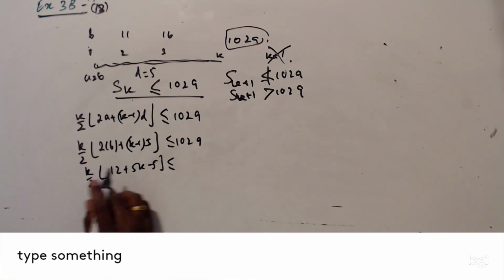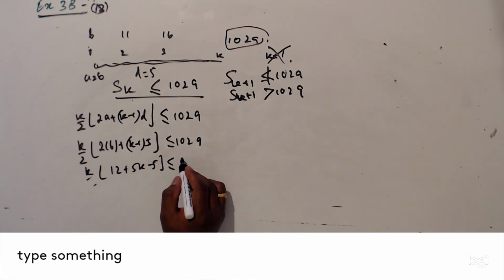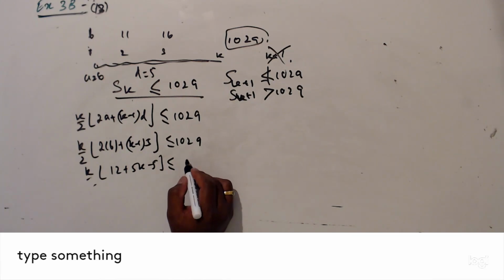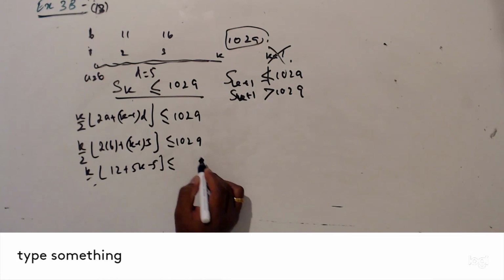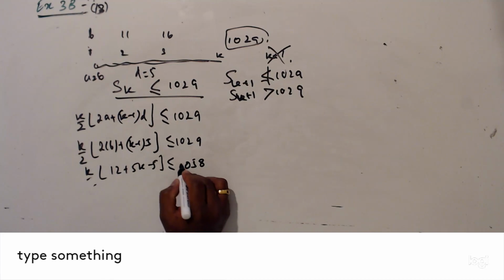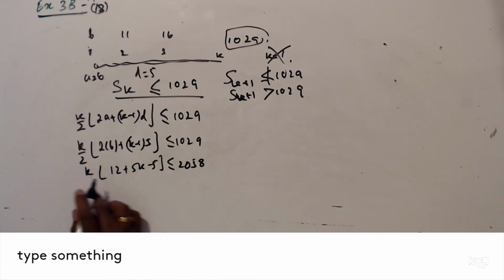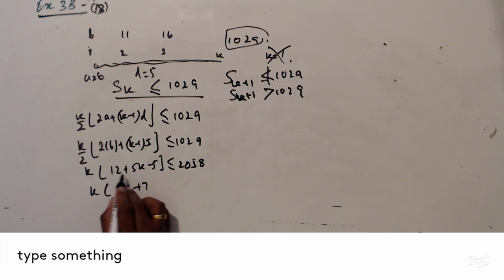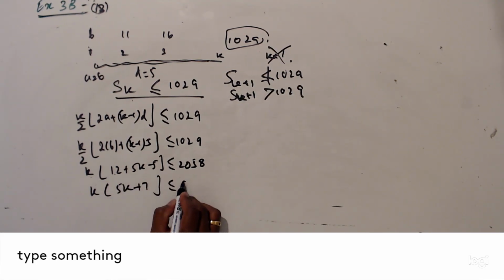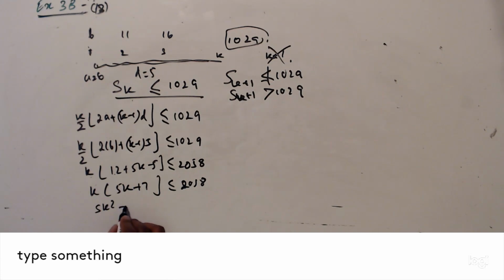I will cross multiply by 2, and k times 5k plus 7 is less than 2058, then 5k squared plus 7k minus 2058 is less than or equal to 0.